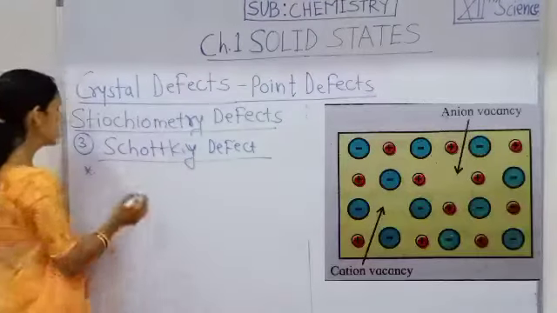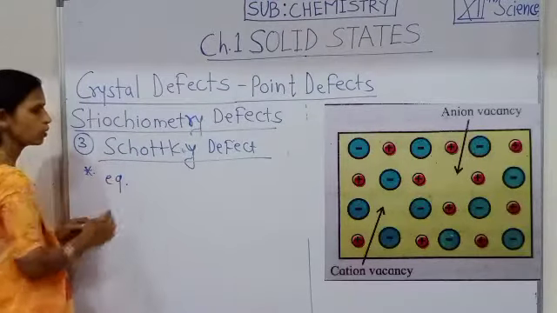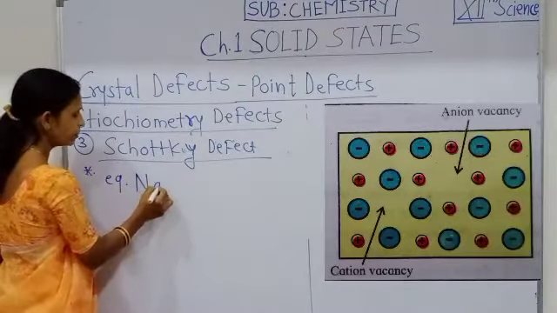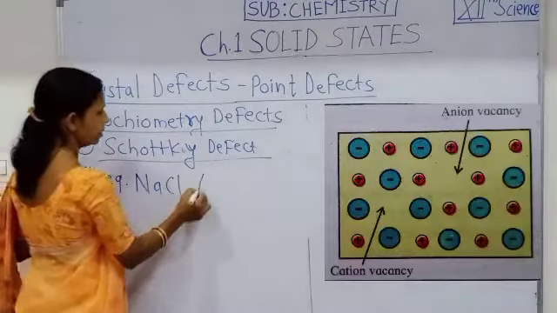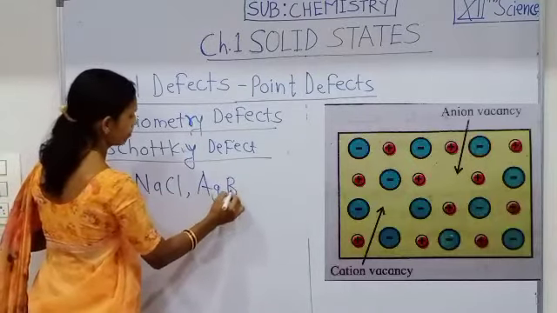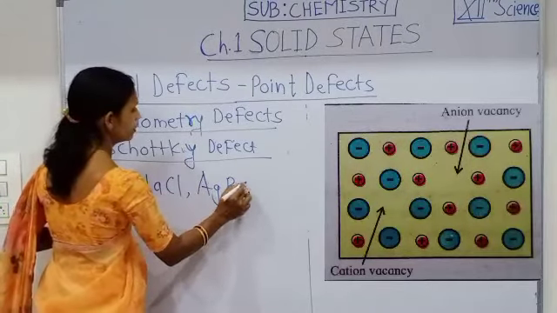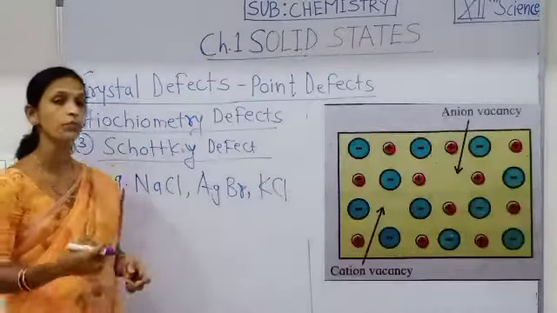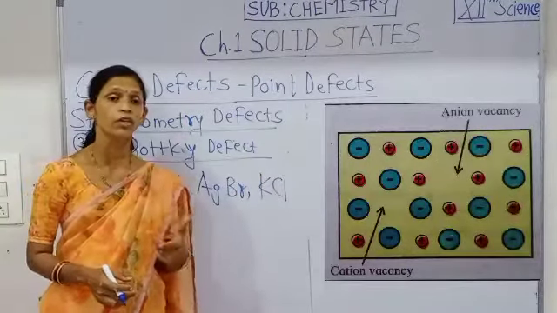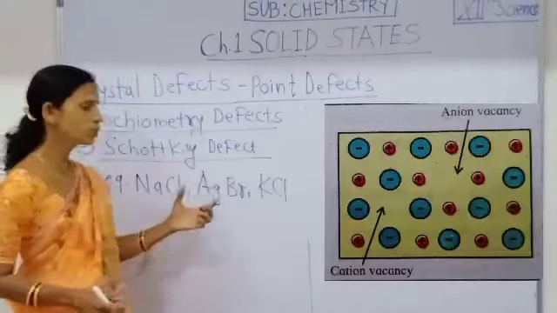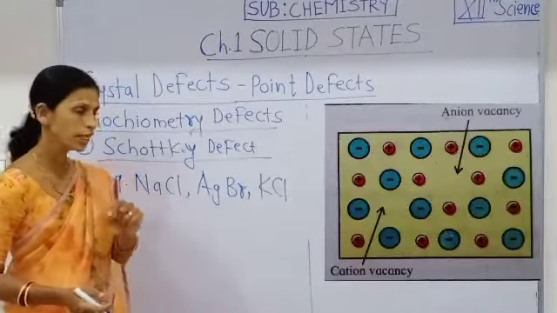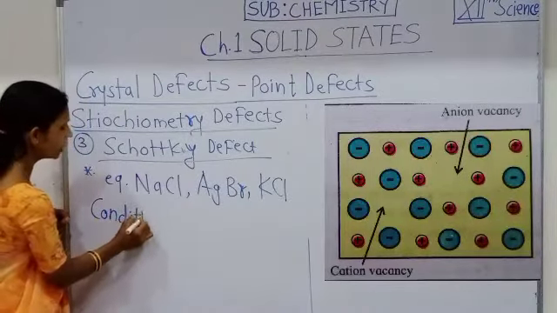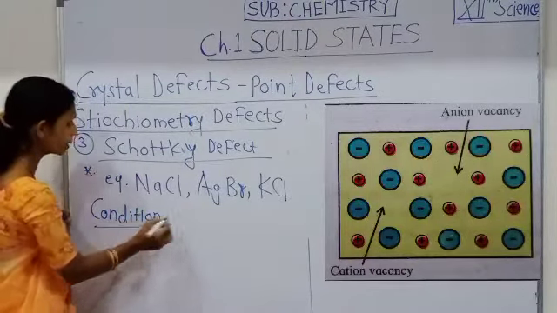Then, see here, that type of defect is obtained in compounds like NaCl, AgBr and KCl. Those types of defects, that is Schottky defect, are produced in those compounds. Then what is the condition for creating the Schottky defect?